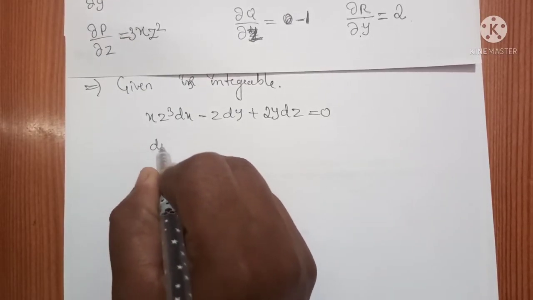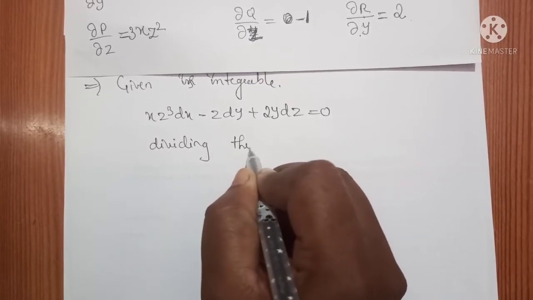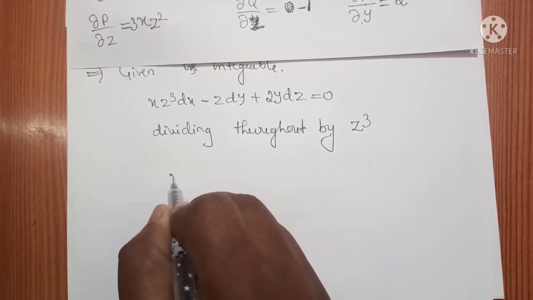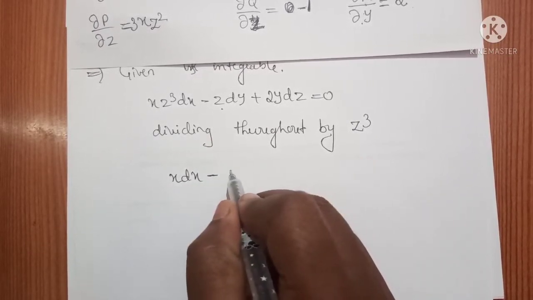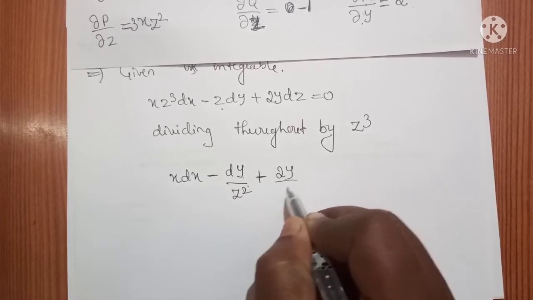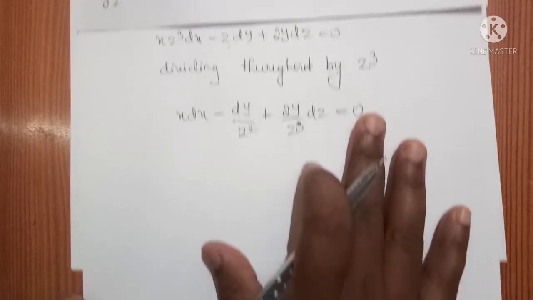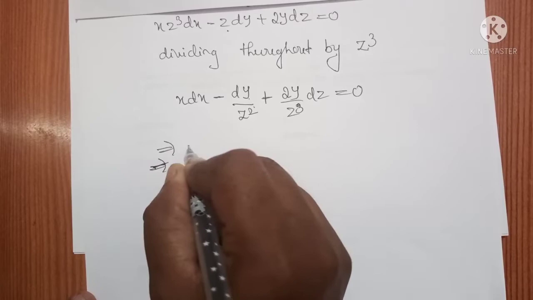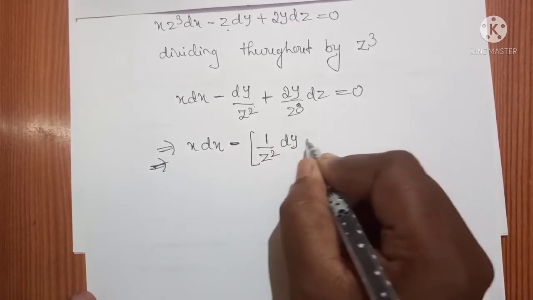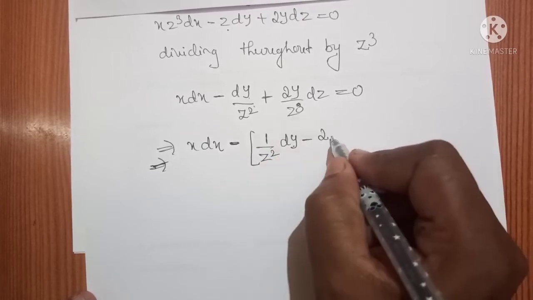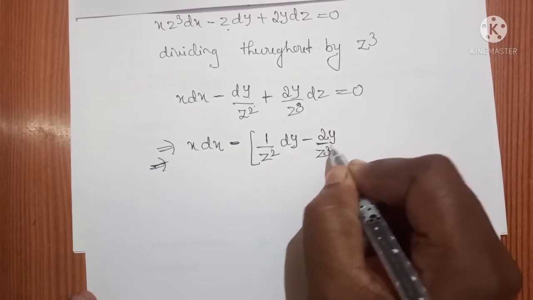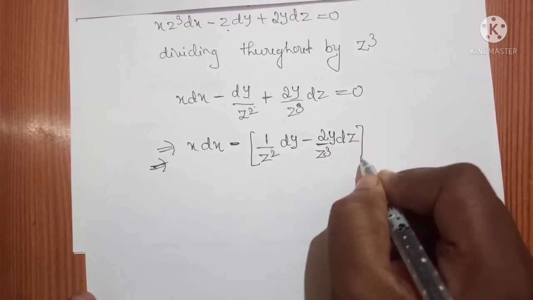Dividing throughout by z cube, we get x dx minus dy divided by z square plus 2y divided by z cube into dz equals 0, or it can be written as x dx, taking the minus sign outside, minus 1 divided by z square into dy minus 2 divided by z cube into y into dz equals 0.